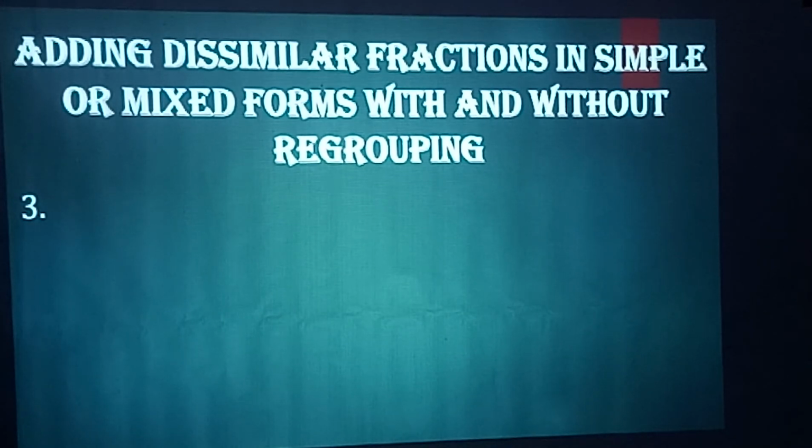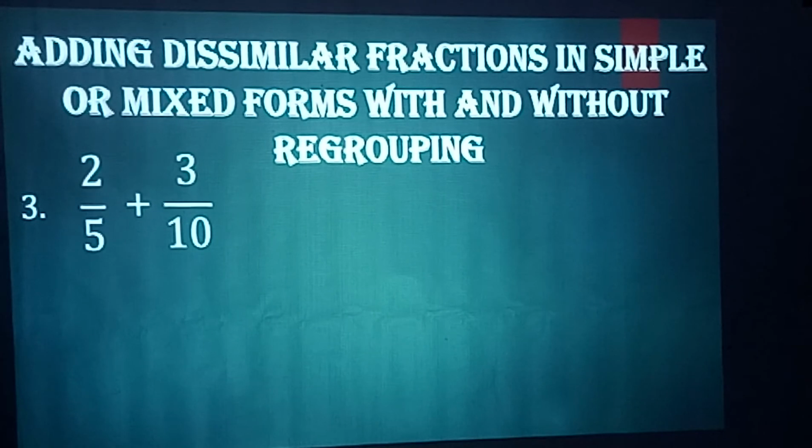Sample number 3. 2 over 5 plus 3 over 10. Another simple fraction. Again, let me get first the LCM, or the multiples of 5 and 10.